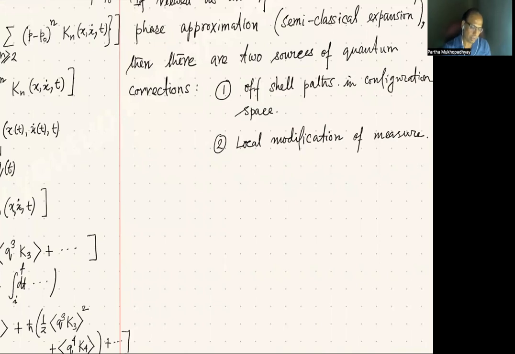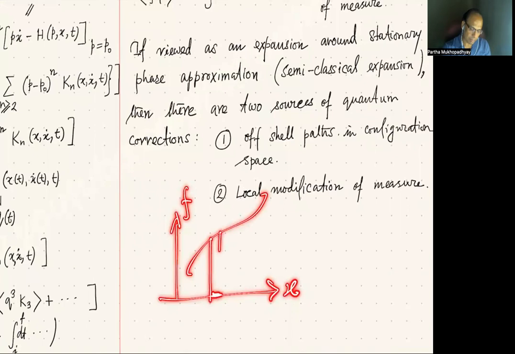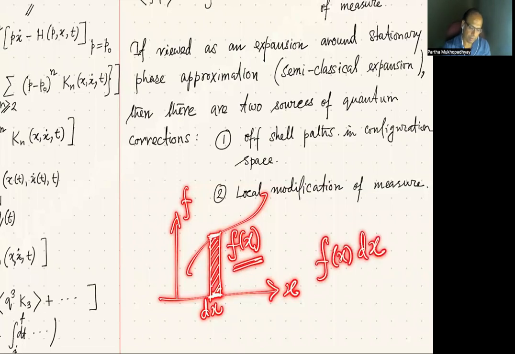When you calculate an integral, say f versus x, you take the slice between x and x plus dx, and over this small dx you have f of x constant, not changing. So the area contributing to the integration is f(x) dx. This is what you get, right?